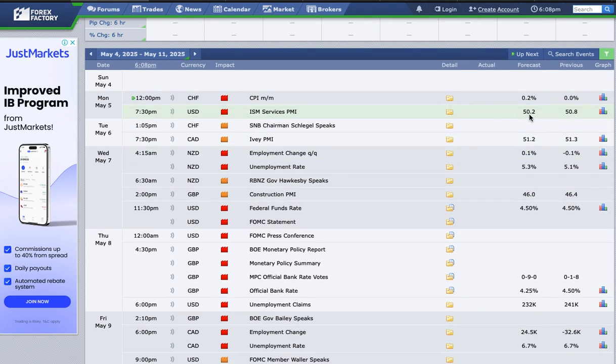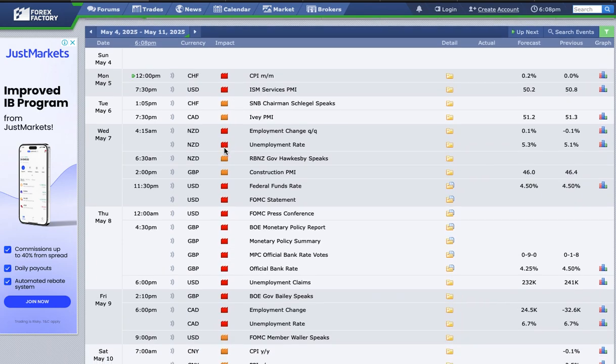We have the accurate levels here, 50.2 to 50.8, and the actual data will be similar numbers. And we got the CHF news and CAD news also, and New Zealand news, employment change quarter on quarter, and New Zealand unemployment rates. But these two news items don't impact the market right now.